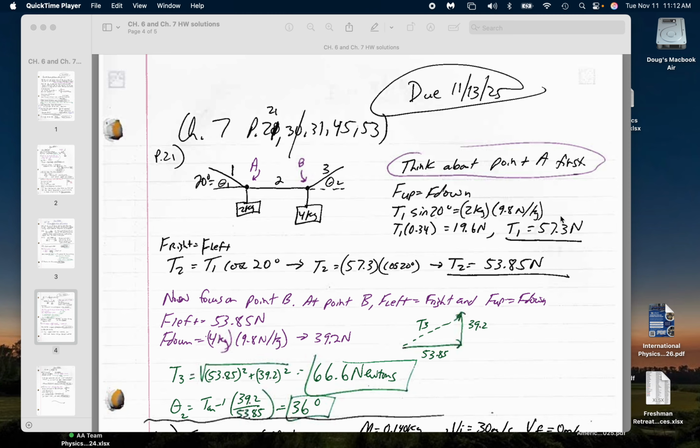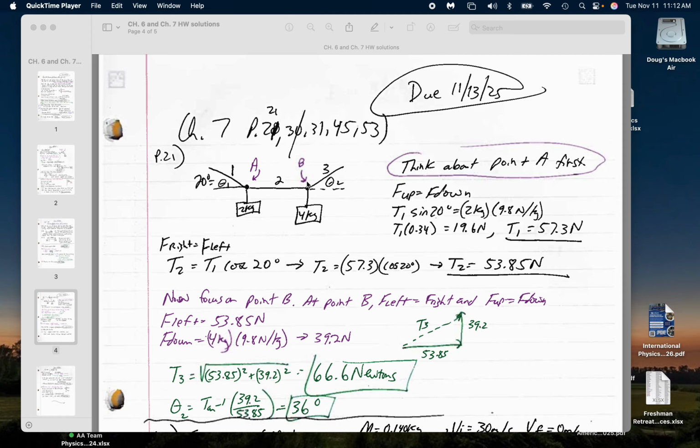So that T1 comes out to 57.3 newtons. At this point, I know the horizontal forces also have to be balanced. So this tension, which I'd already found out, times the cosine of 20 degrees is the leftward force. The rightward force is tension 2. So left is T1 cosine of 20 degrees. That equals T2. That's 53.8-ish newtons.